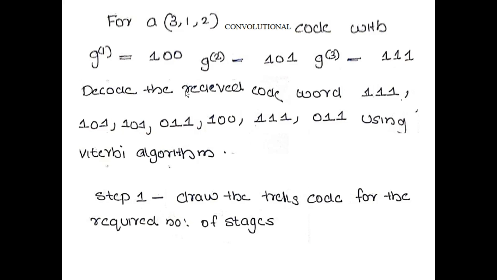To decode our convolutional code, first we need the state representation, as well as the state transition with respect to input and the corresponding output. So first we need to draw the encoder circuit. From the encoder circuit we can easily find the state transition.